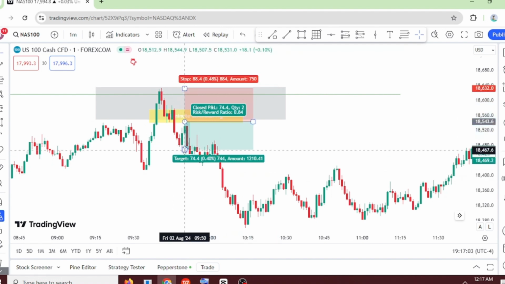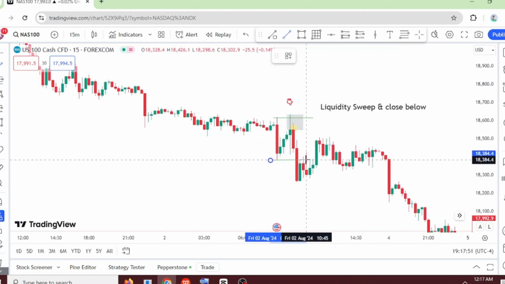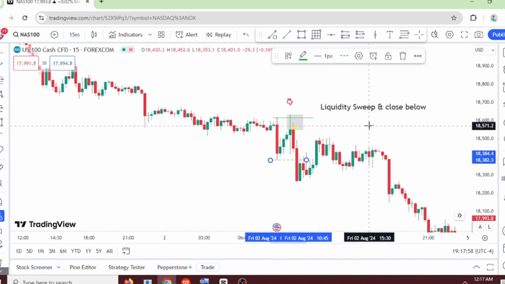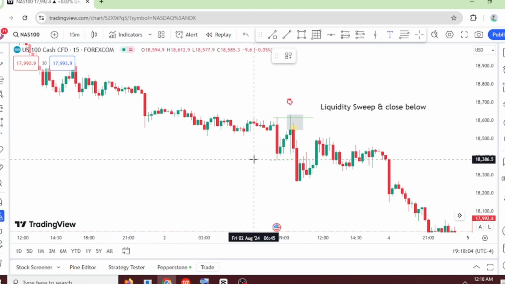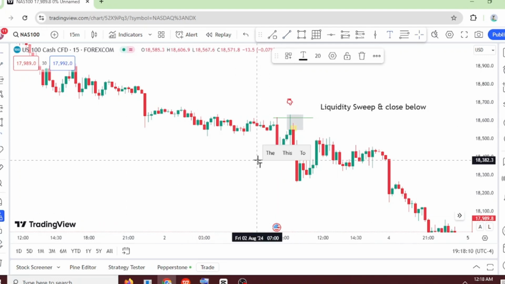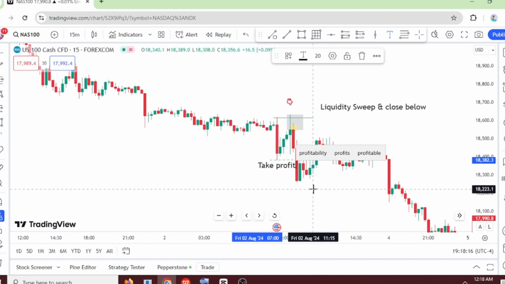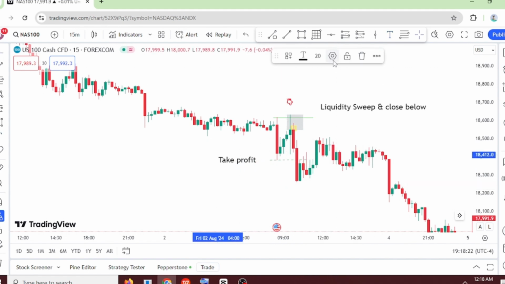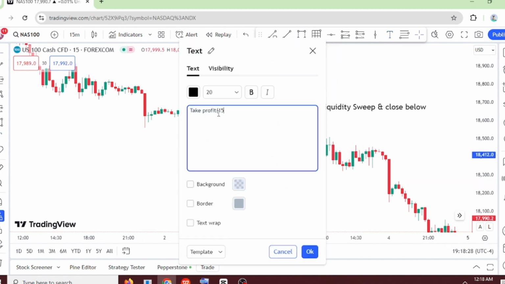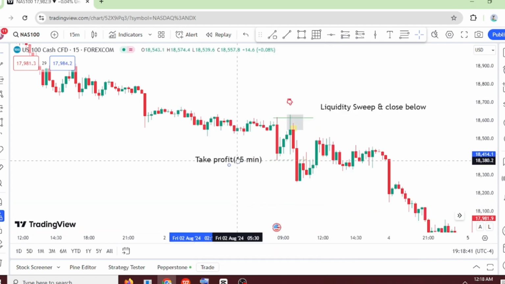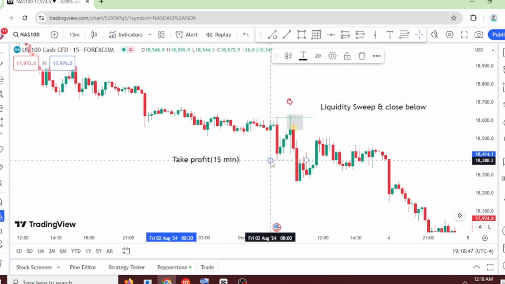And the take profit, if you can remember, we look for fair value gaps in the 15-minute time frame or swing lows or swing highs. In our example, there's no fair value gap, but we have a swing low. So that is where we will take our first take profit.